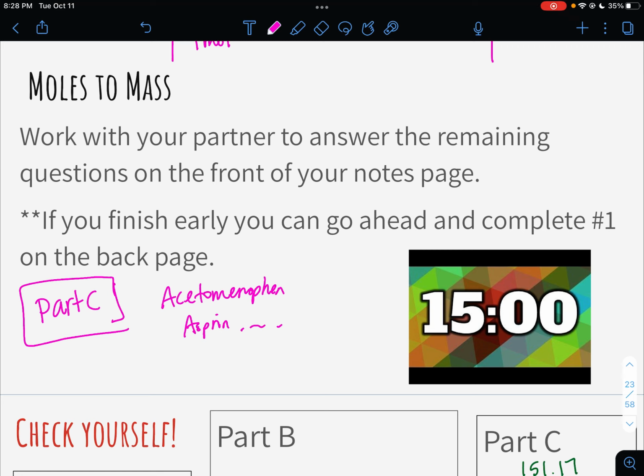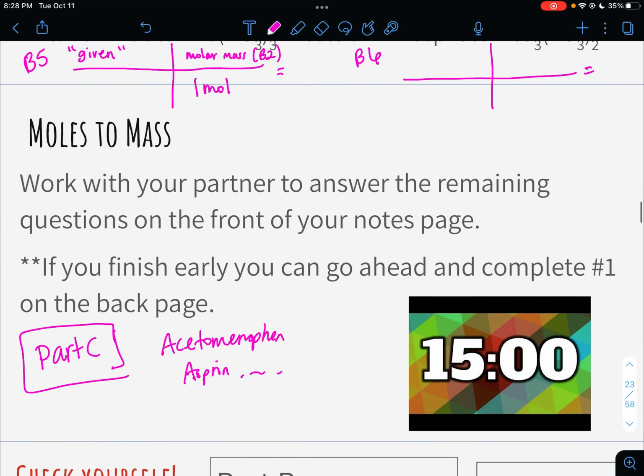If you have 10 carbons, you're going to take 12 times 10. Then you're going to add that to however many hydrogens you have, however many oxygens you have. Once you get finished calculating that, you can unpause the video and continue on to the next step. So go ahead and take a minute to calculate the molar mass of those 4 medications.